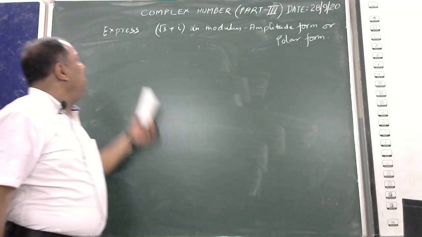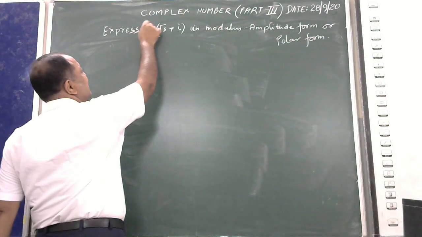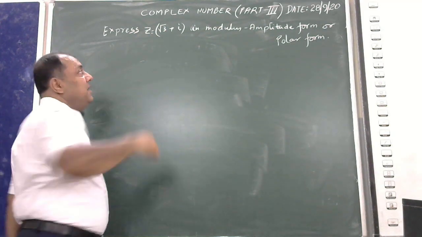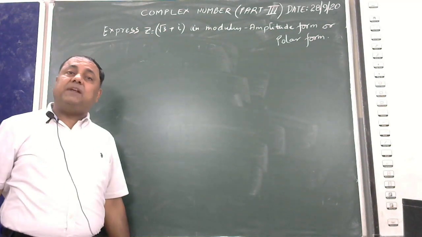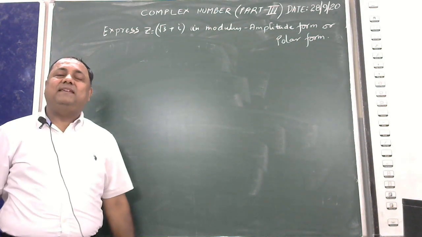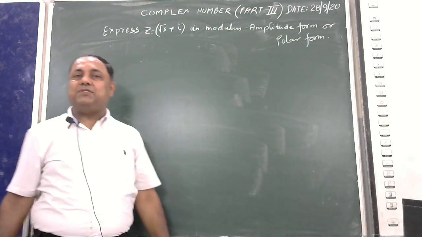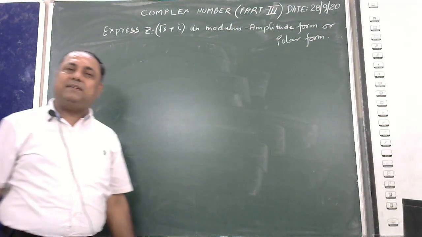This is our complex number. You may express this as z. This complex number, root 3, yes sir, it is a real number. 1 into i, yes sir, it is a real number. So root 3 plus i is a complex number.